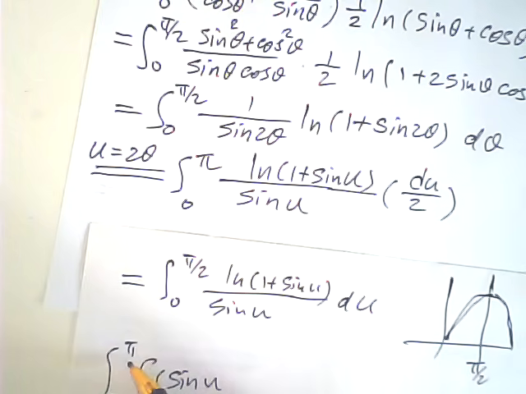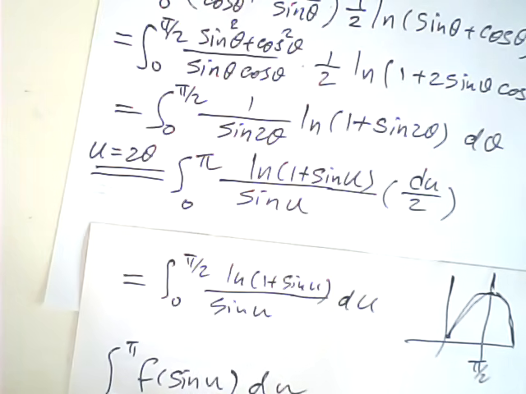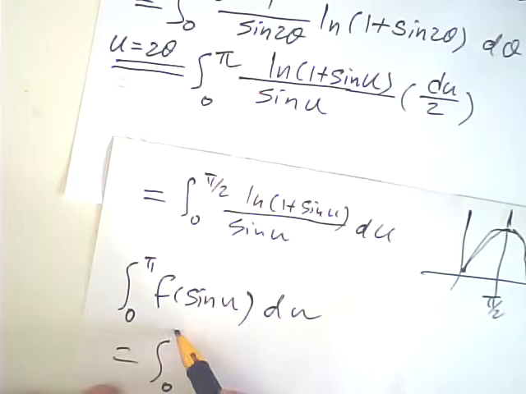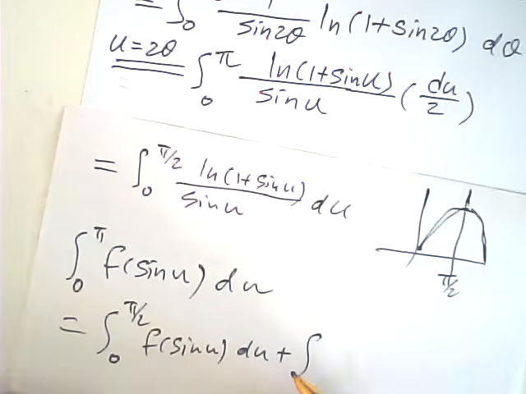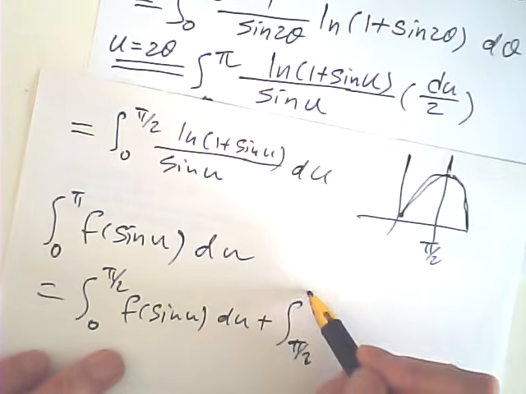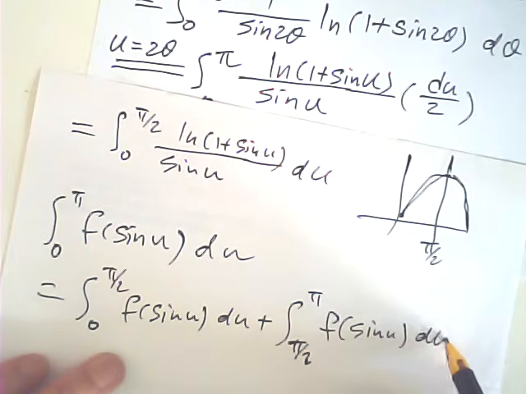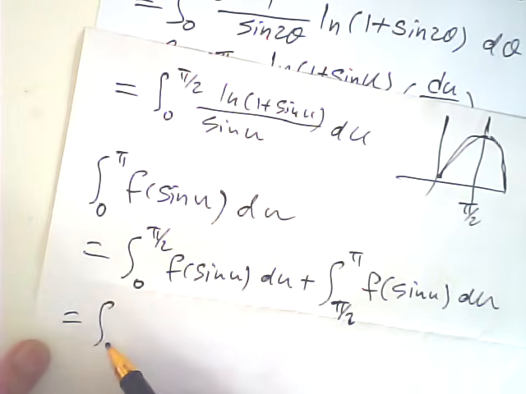This is pi, yeah. Function of sine u, and du, right? Yeah, this one is equal to from 0 to half pi function of sine u du plus from half pi to pi function of sine u du, right? So this one is okay.